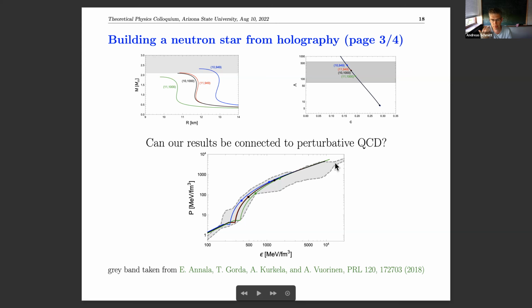So we also believe that's first principle, which they stop at some point coming from above. And then using the constraints from astrophysics plus consistency constraints from thermodynamics, they claim the equation of state of QCD has to lie within that sausage-like band here.